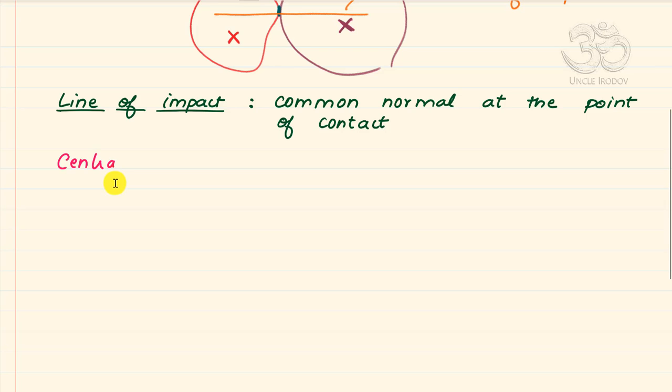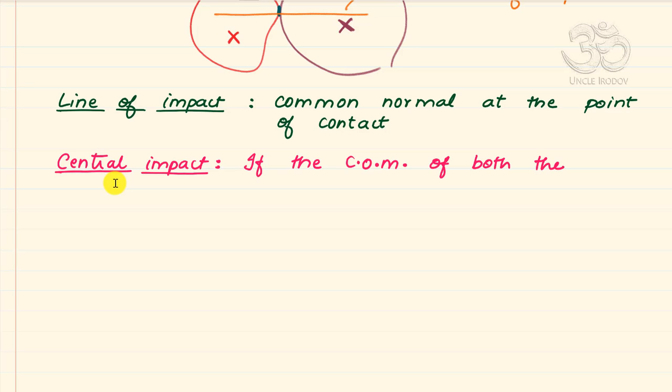So if the center of mass of both the bodies lie on the line of impact, that's how we define central impact.